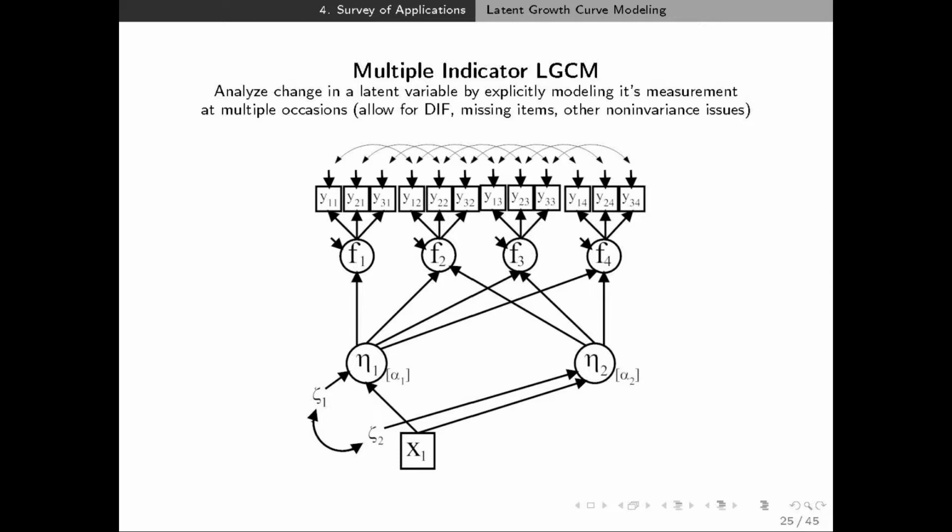There's one intercept and one slope, and this model assumes that this one slope is a good summary of the change in all of the tests that are being used to measure the latent variable. So if you have one variable in here that's not changing at the same rate as the other ones, I wouldn't include that in this factor.